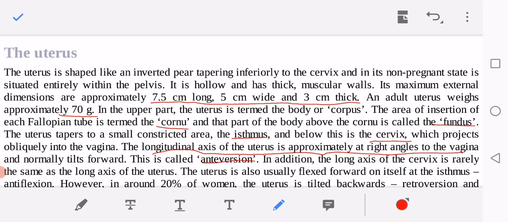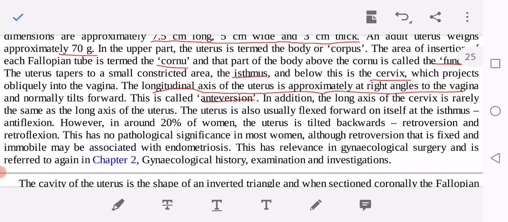In addition, the long axis of the cervix is rarely the same as the long axis of the uterus, so the uterus is usually flexed forward on itself at the isthmus, anteflexion. However, in around 20% of women, the uterus is tilted backward, which is called retroversion or retroflexion.